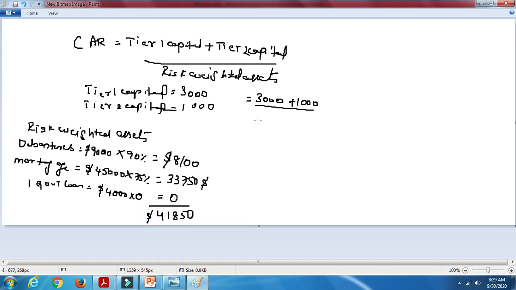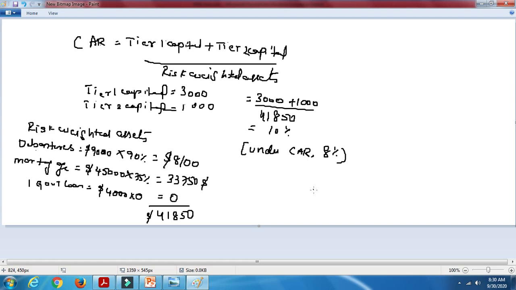So now here you are going to take $41,850. That will come to 10%. Under CAR, the minimum CAR that has to be maintained by the banks is 8%, but here we got 10%.